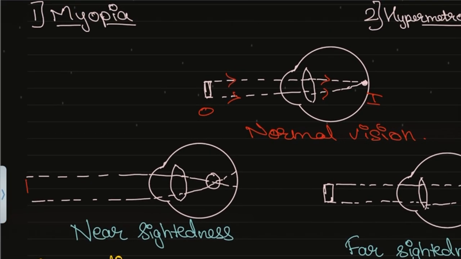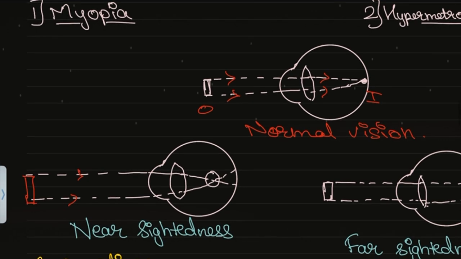There is an object far off. From the object, light rays are coming. The lens is converging them, but now the image, instead of being formed on the retina, is formed in front of the retina. Because the image is formed in front of the retina, we are not able to see it very clearly.